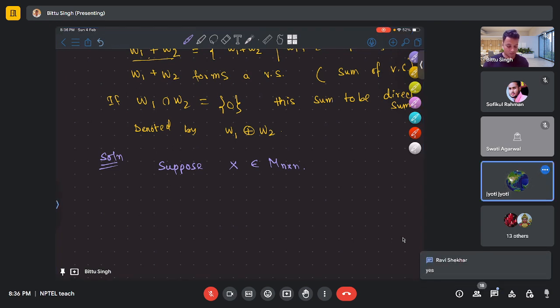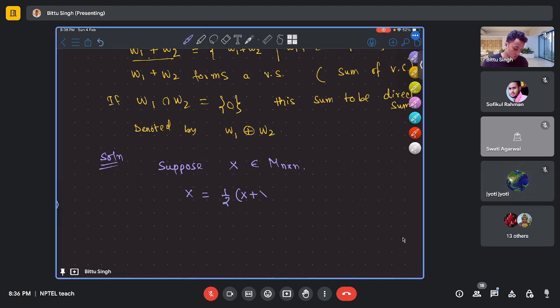Yes, with the help of transpose of matrix. Take X plus X transpose and X minus X transpose. Let this be equal to w1 and this be equal to w2.